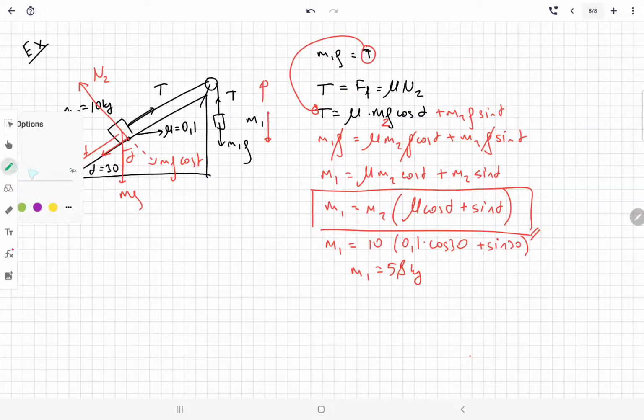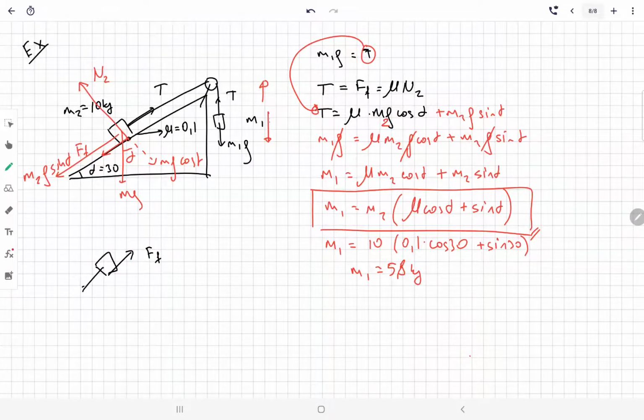There is a chance, so we will consider this moment. In this case we have a friction force upward. Downward we have a m2g sine alpha, and also we have a tension. In this case m2g sine alpha minus tension minus friction force should be greater than 0.